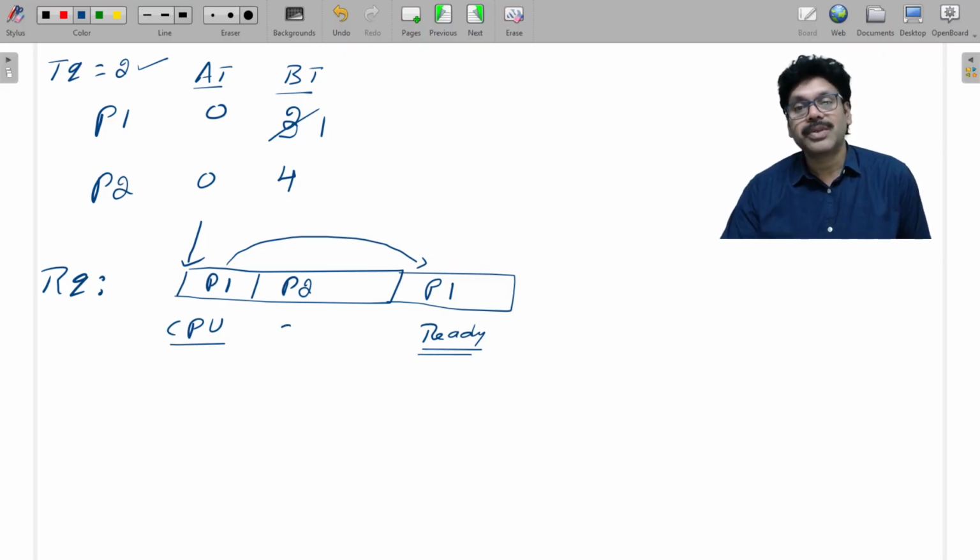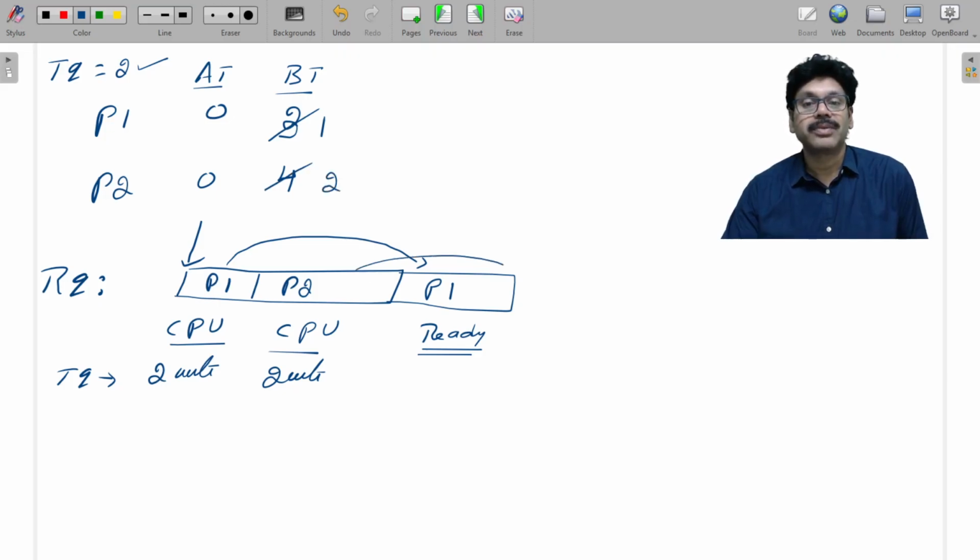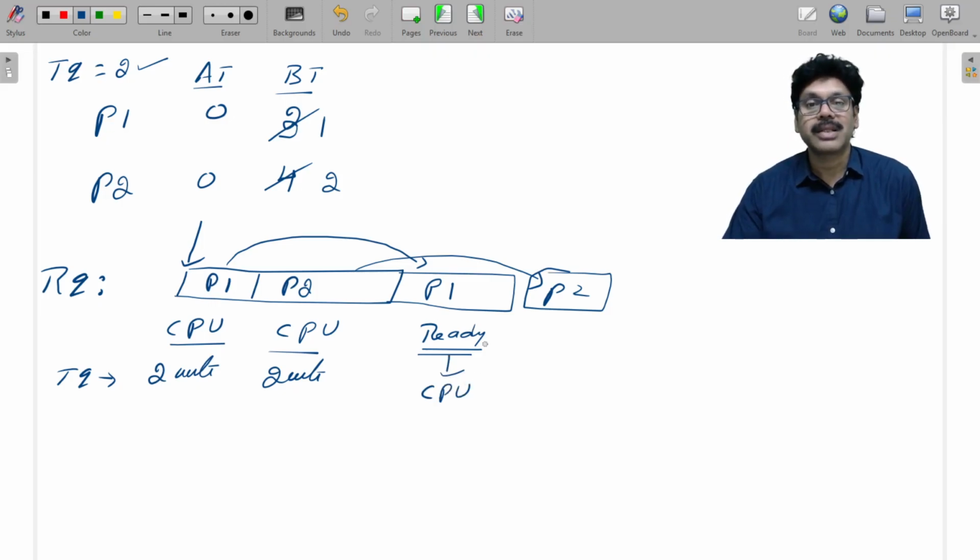Now P2 is executed with the CPU up to the time quantum of 2 units. I am talking about a time quantum of 2 units, don't forget this. It is executed for 2 units of time and the balance is 2. Then P2 also joins the queue because it is not yet completed. Now P1, which is in the ready state, is converted to the run state, because it is woken up: your chance has come.